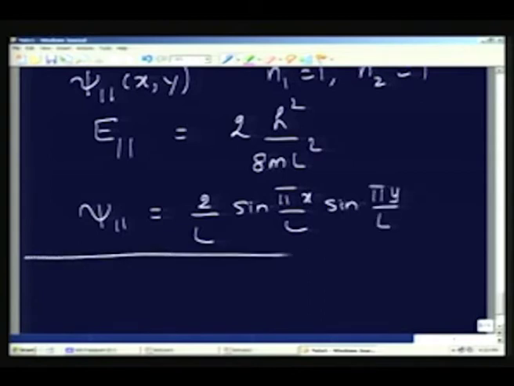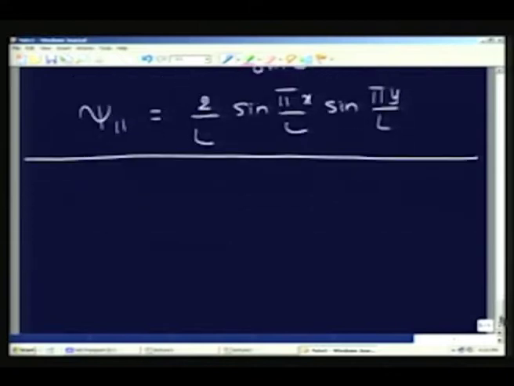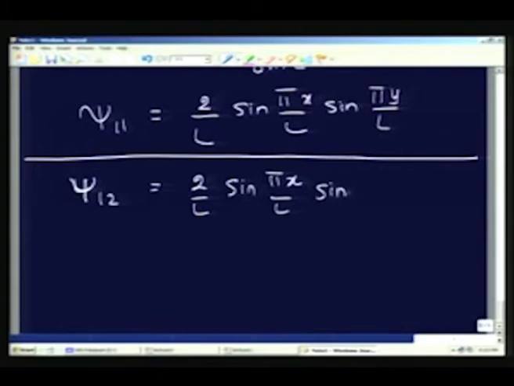What about the next? Psi 1 2 is 2 by L sine pi x by L, you just saw that picture a few minutes ago, sine 2 pi y by L. What about E12?